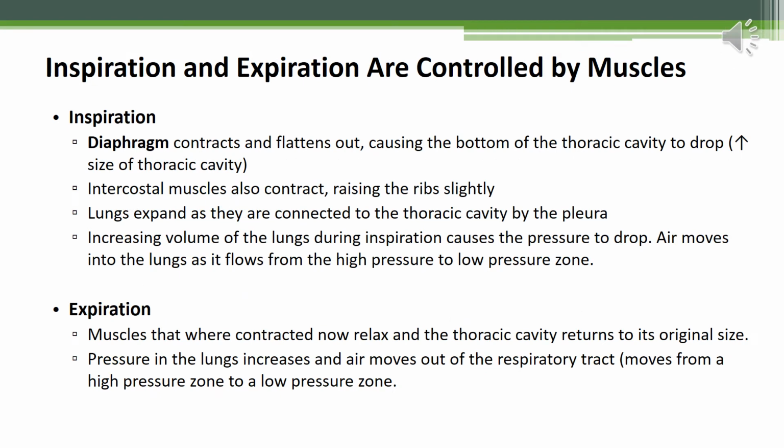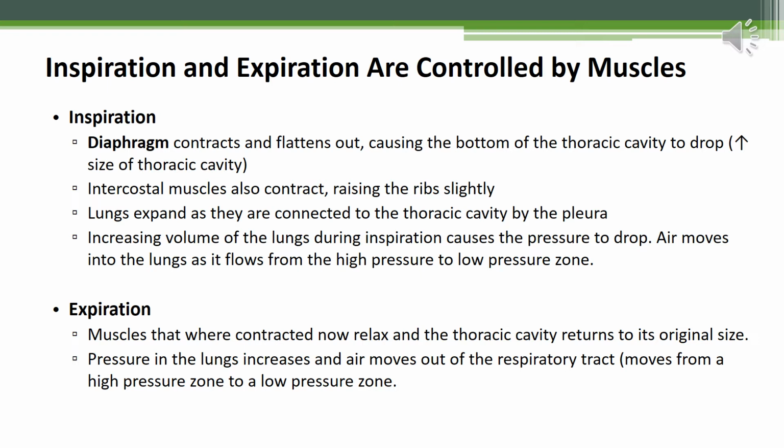Like I've said, or at least alluded to, inspiration and expiration are controlled by various muscles within our thoracic and abdominal cavity. In inspiration, the diaphragm contracts and flattens out, causing the bottom of the thoracic cavity to drop, which increases the size of the thoracic cavity. The intercostal muscles also contract, resulting in the ribs being raised slightly.